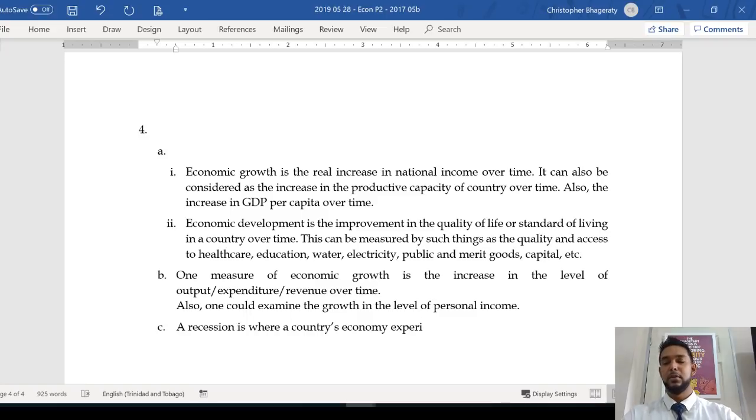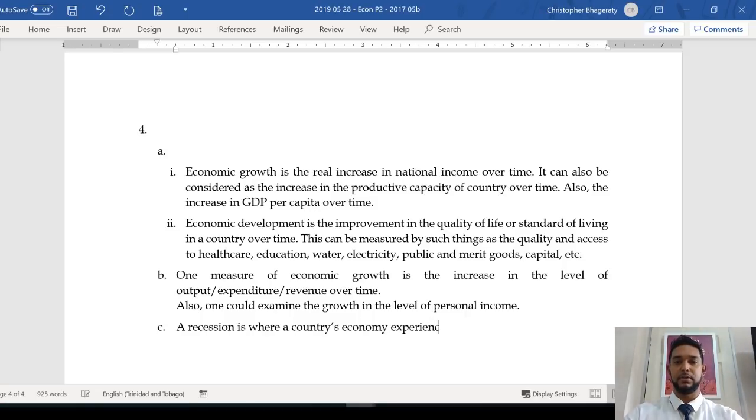A recession is defined as two consecutive quarters of negative economic growth. In other words, the GDP is decreasing. And a depression is where you have way longer than that, where the level of production in the country decreases, unemployment rises, productive capacity decreases. A recession could lead to that if it's not managed well enough.